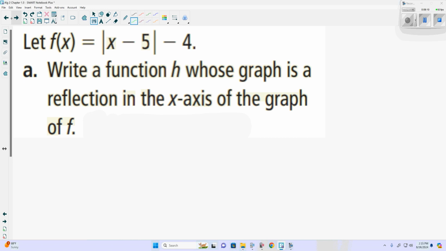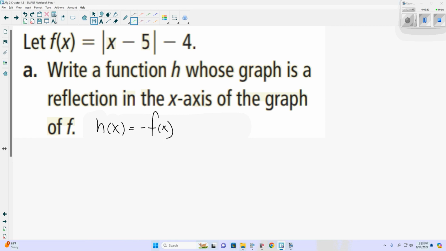Let f of x equal the absolute value of x minus 5 minus 4. Write a function h whose graph is a reflection in the x-axis of the graph of f. So across the x-axis, the general form is negative f of x.